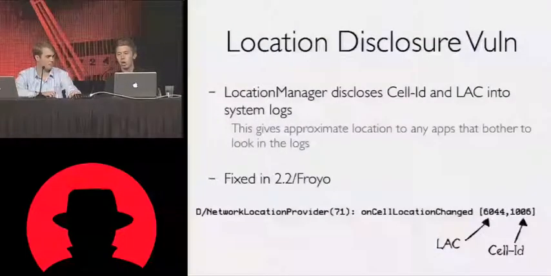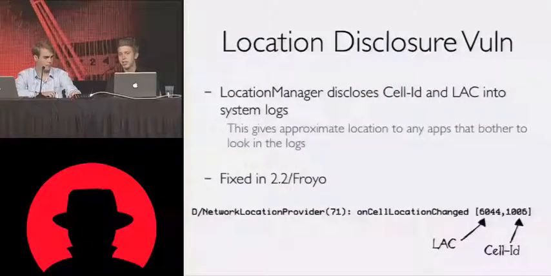So for example, one location disclosure vulnerability that affected Android, which Google has fixed in 2.2 Froyo. Their security team was really great about pushing out a patch as quickly as possible. Effectively, the location manager, which is the way you access location on the device, is a system level service. It discloses two key variables.